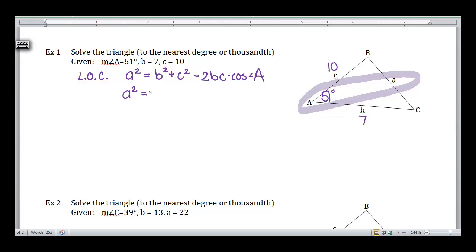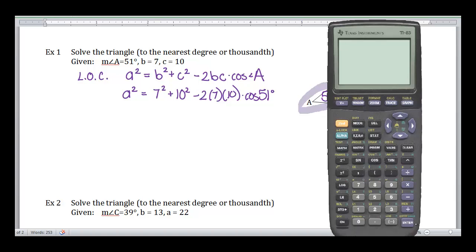A squared equals 7 squared plus 10 squared minus 2 times 7 times 10 times the cosine of 51 degrees. Again, if you're in degree mode, you should be able to enter this straight into your calculator.